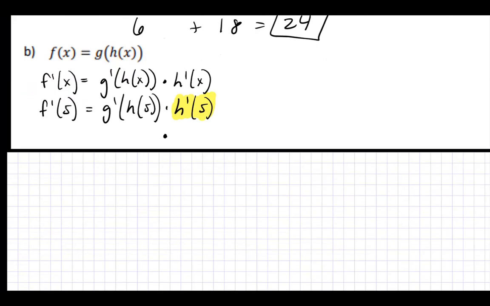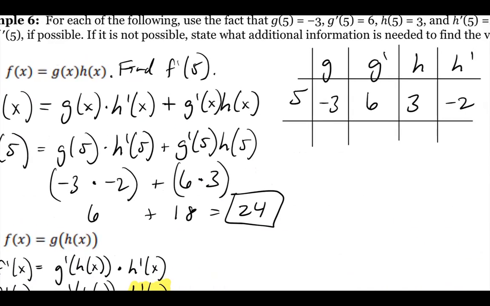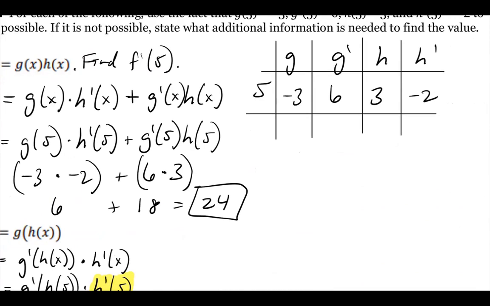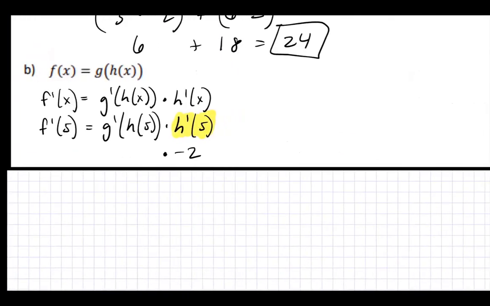If I go to my table, H prime of 5 is -2. This guy over here, though, it still has an outside and an inside. So I can't do anything with the outside yet. I have to solve the inside. Just like in math, you always simplify inside the parentheses and then you work your way out. This guy here, I can figure out.